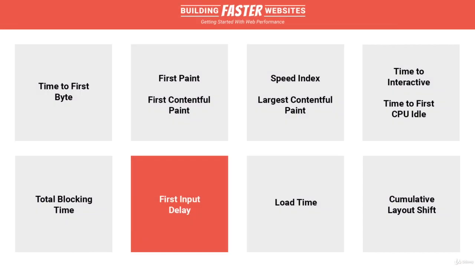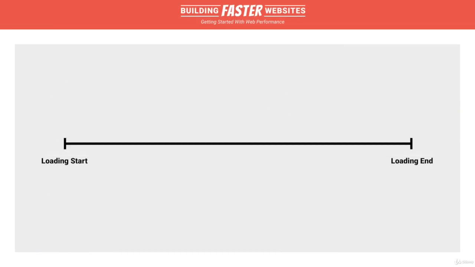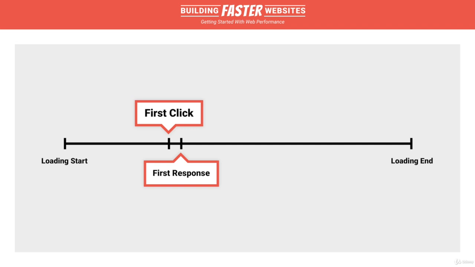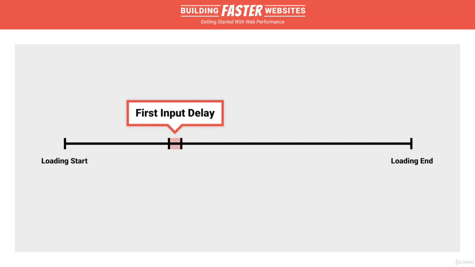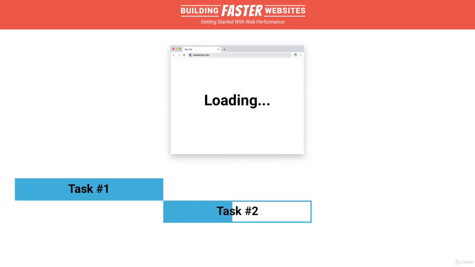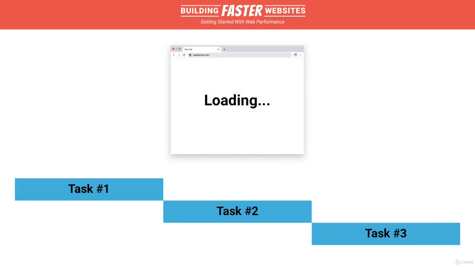First input delay, or input latency, represents the time from when the user is first able to interact with elements on the page to the point where these elements are then able to respond to those interactions, which depending on what the browser is doing isn't always immediately. This is because browsers are single-threaded, which in layman's terms means they can only execute instructions in a single sequence, one at a time.